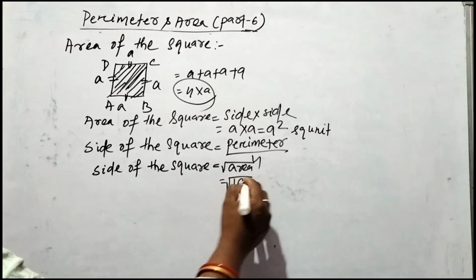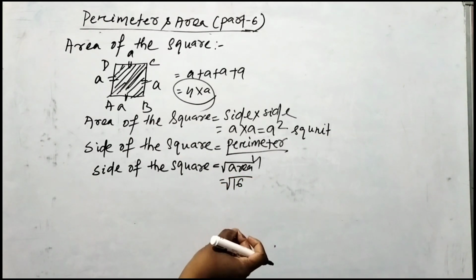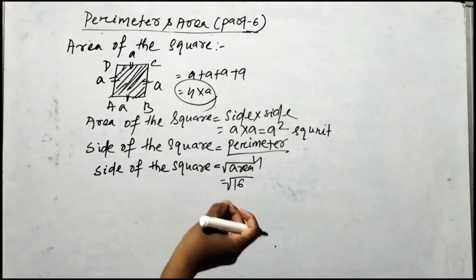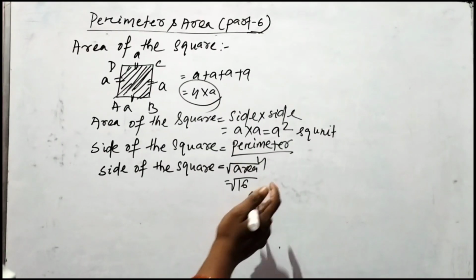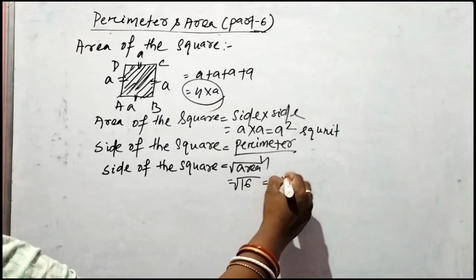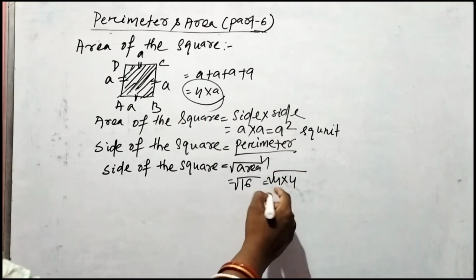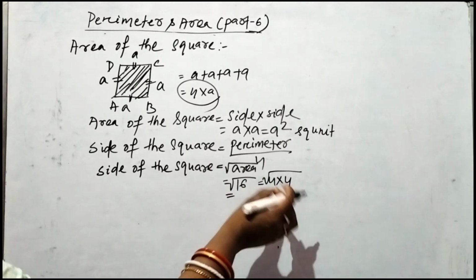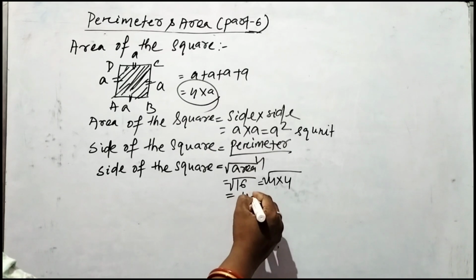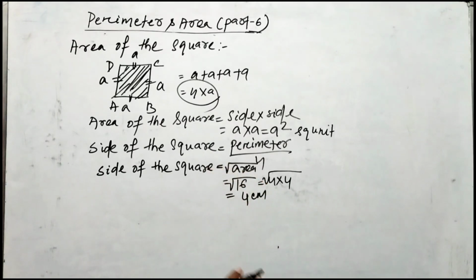Which number do we multiply two times to get 16? 4 into 4. In pairing you take one number, it is 4, that means 4 centimeter. But area is always measured in square unit.